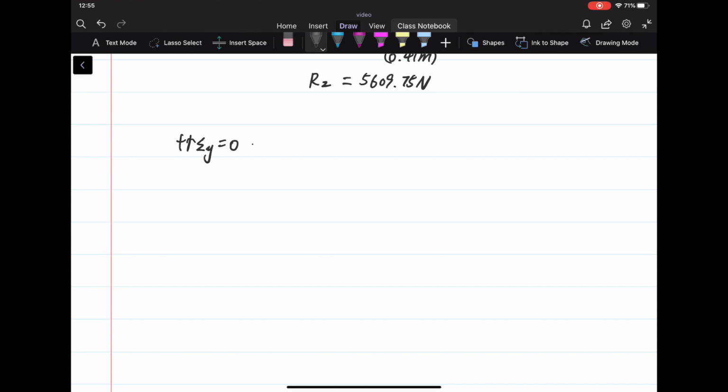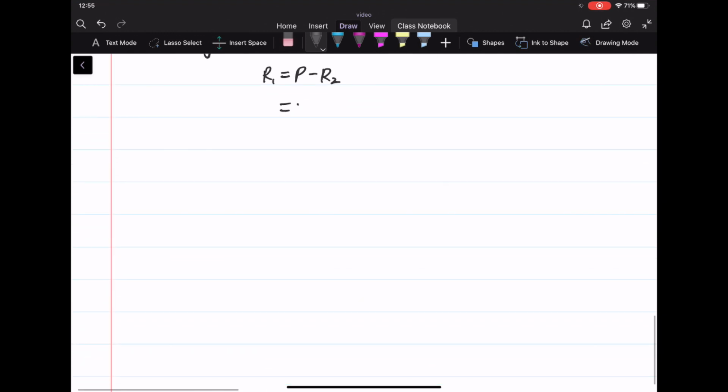So that will be R1 plus R2 minus P, and R1 equal to P minus R2, which equals 5,000 Newtons minus 5,609.75 Newtons, equal to negative 0.75 Newton.